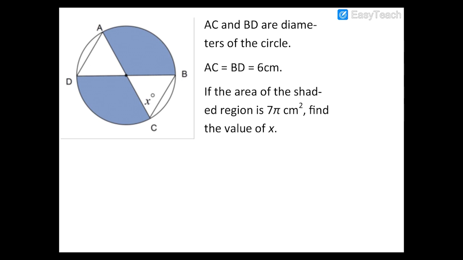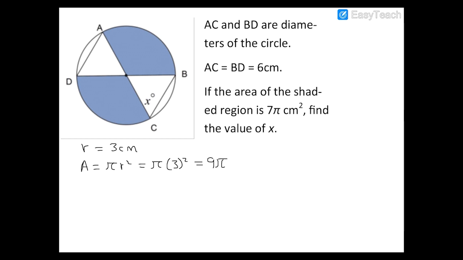That means the radius of this circle will be 3 centimeters. And the area of the circle is pi r squared, which is pi times 3 squared, and we get 9 pi.